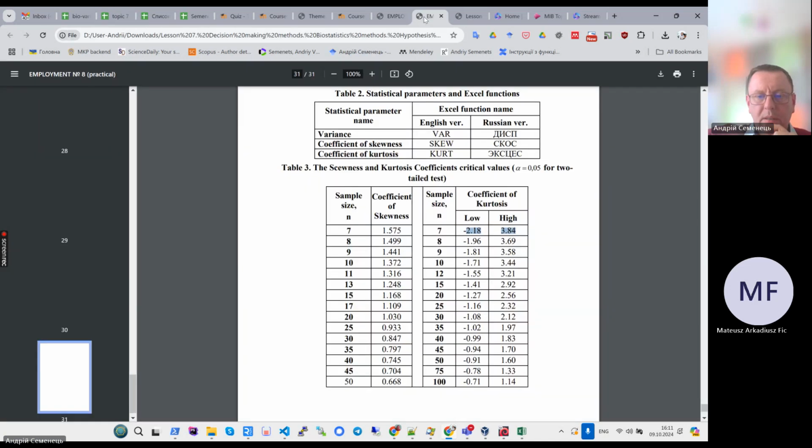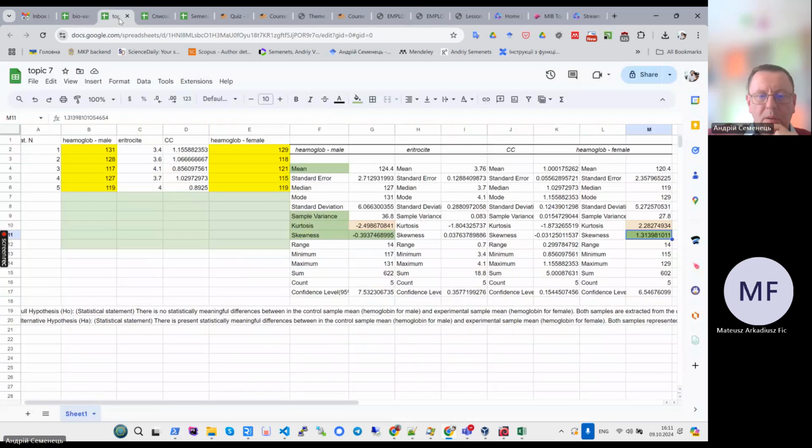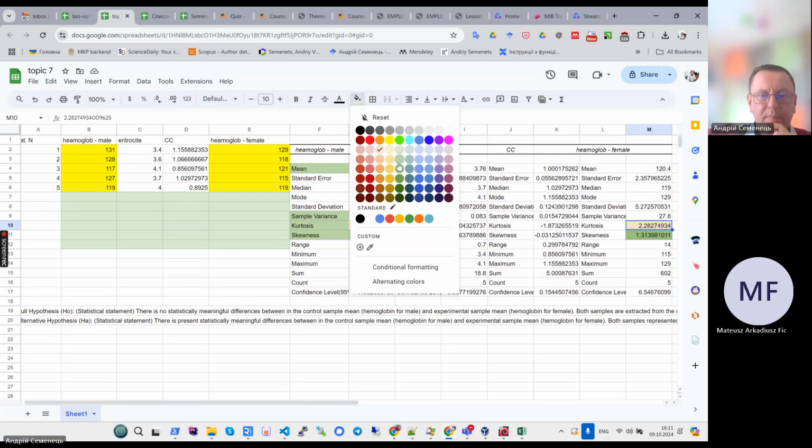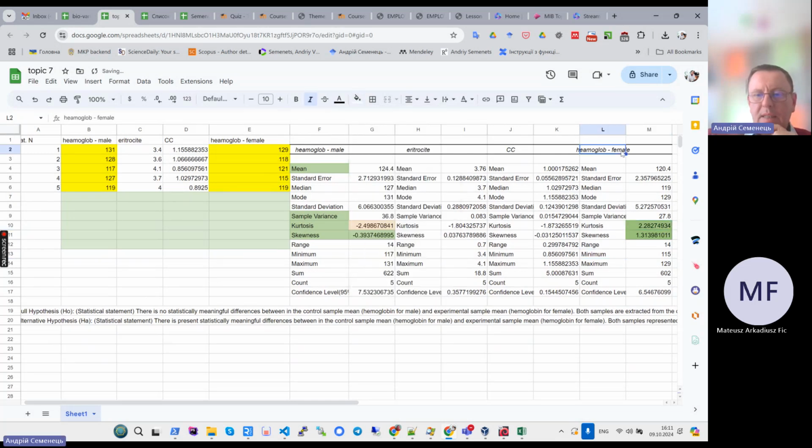Kurtosis, okay, this one passes the condition. So this sample definitely has a normal distribution.